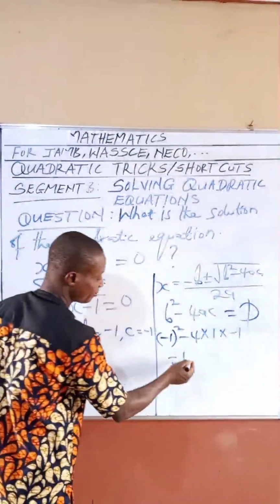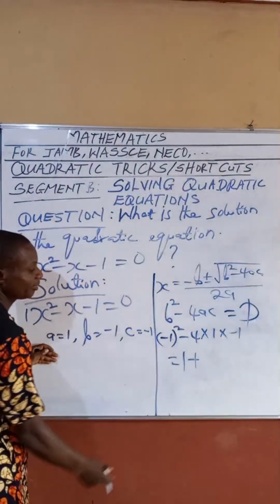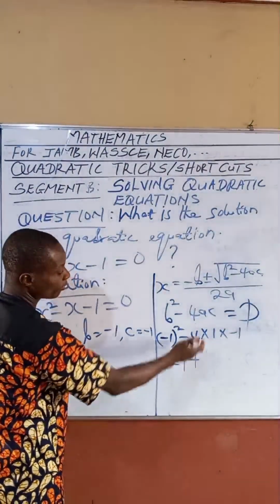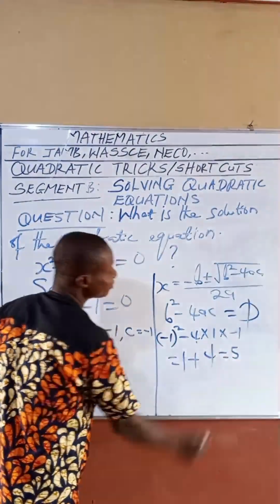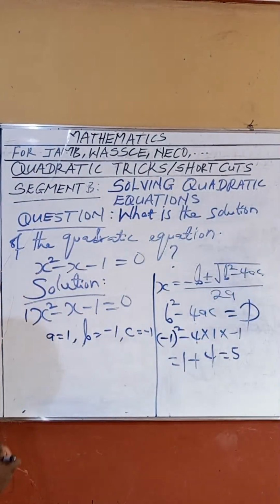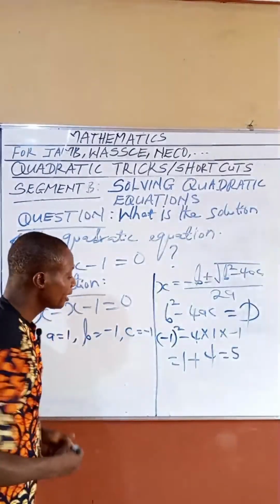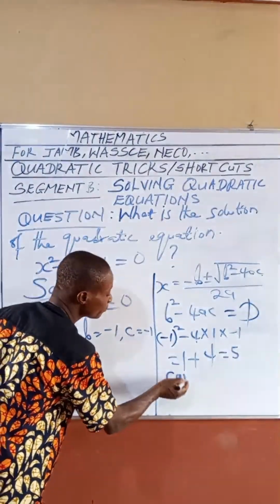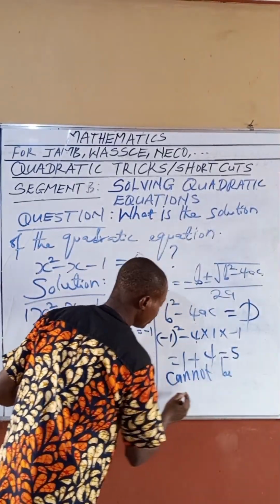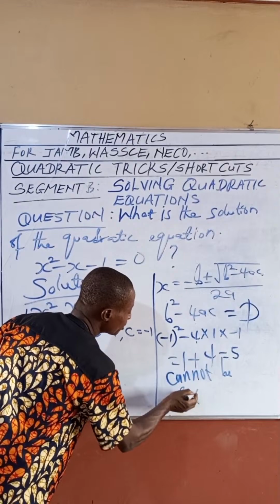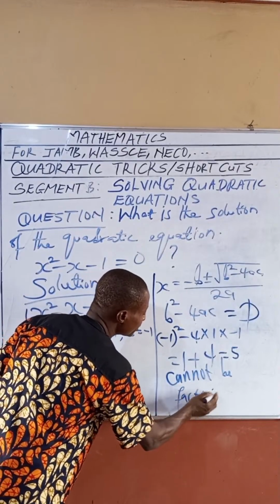That's plus. So 4 times 1 is 4, then times 1 again is 4. You can see that here we have 5. What does it mean? It means this equation cannot be factorized.